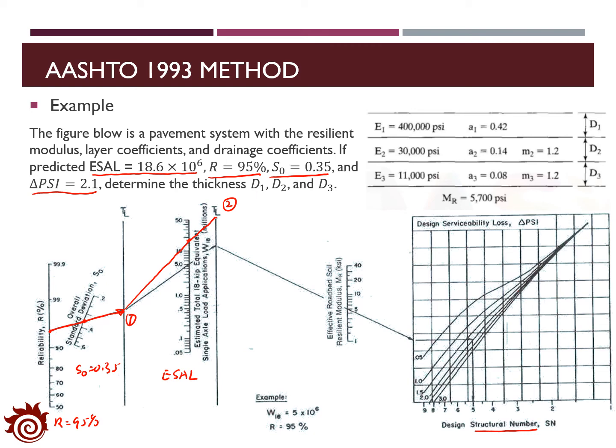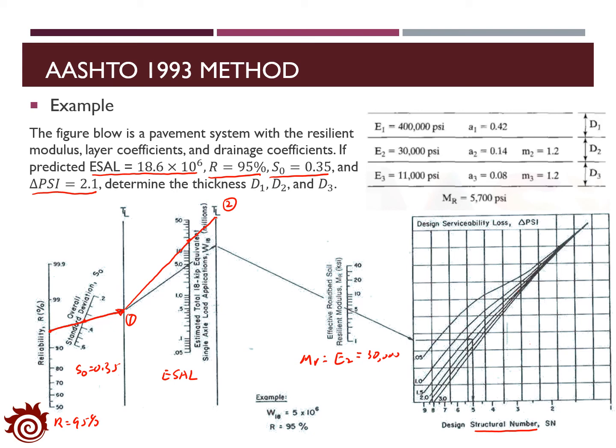With that, we will use the effective resilient modulus based on the elastic modulus of the base layer. So we have MR equal to E2, that is 30,000 psi.